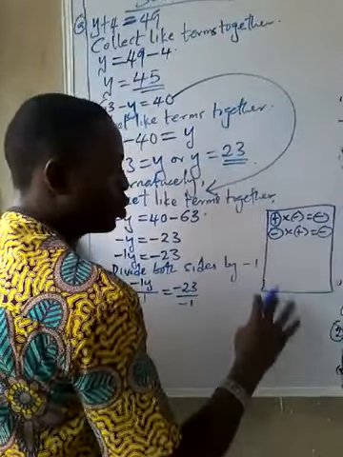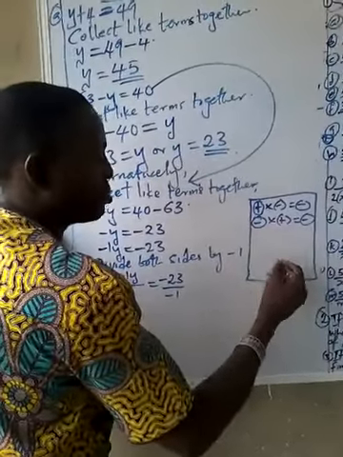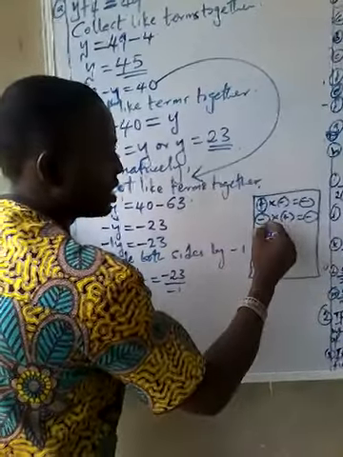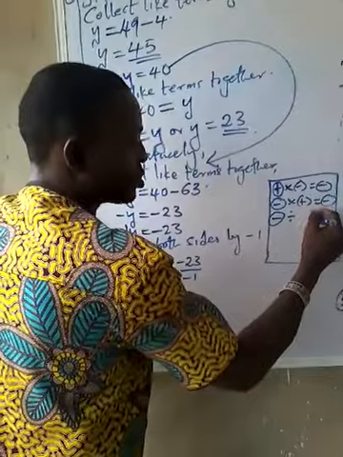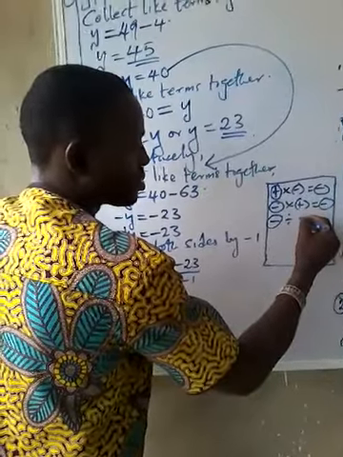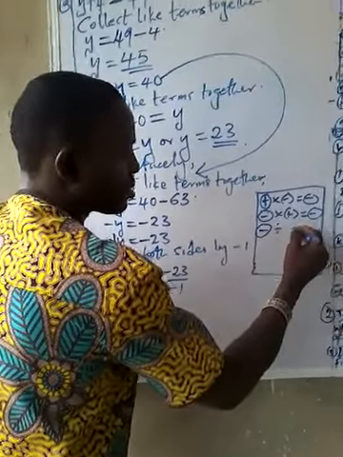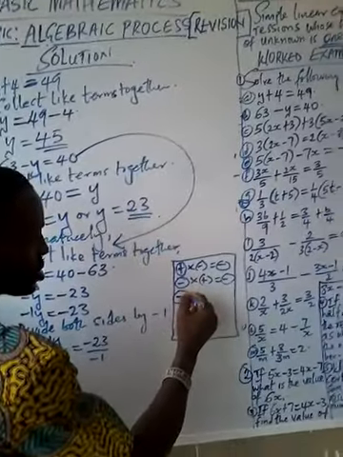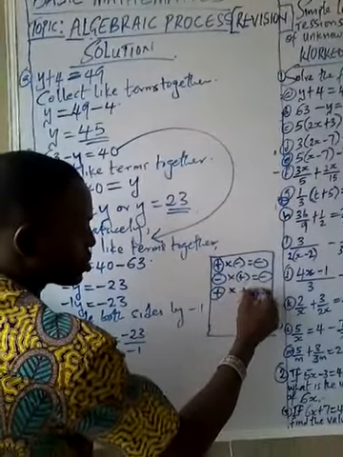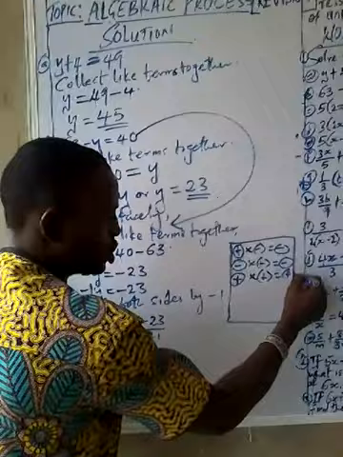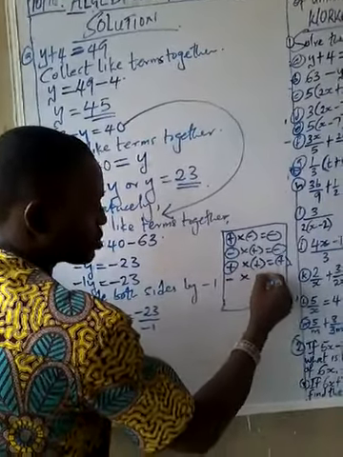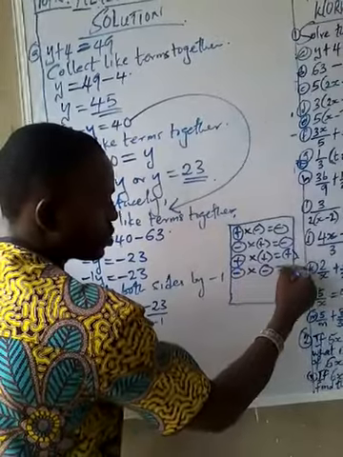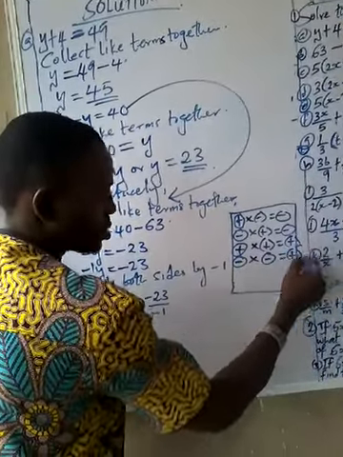These are things that you should know very, very well, and you key them and log them into your memory. Then plus times plus will still give you plus, it won't change. Minus times minus will give you plus.